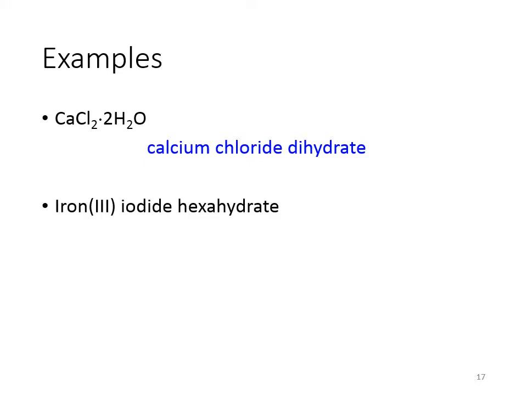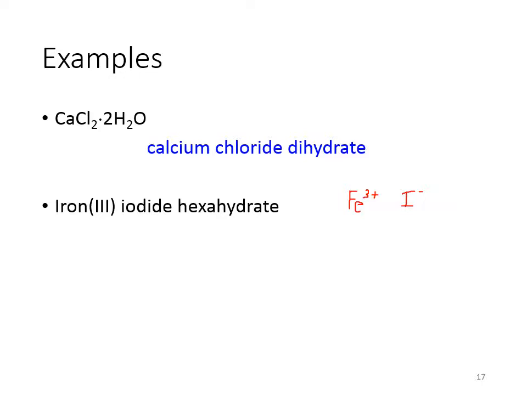Let's try this one, iron 3 iodide hexahydrate. So what do we have here? Well, we know we've got iron, with 3 positive charges. That's iron 3. We have iodide. Iodide, turns out, is -1. Remember to balance the charges when you write the formula.